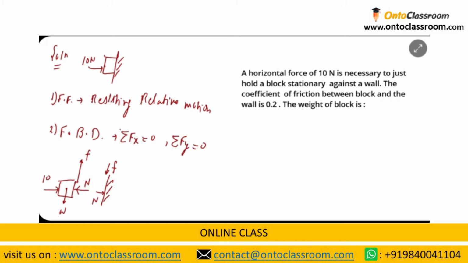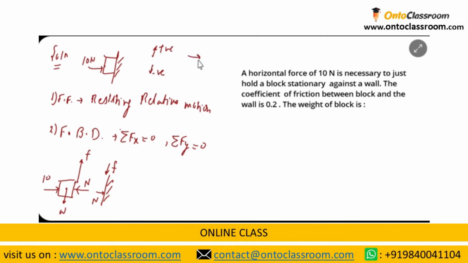Now you need to find the weight of the block, so we will apply the FBD. Let's write the summation of Fx. For a simple and basic approach, we say upward is positive and downward is negative.